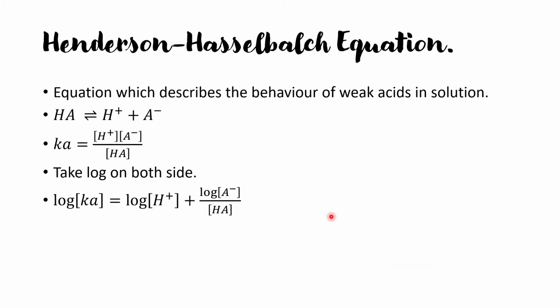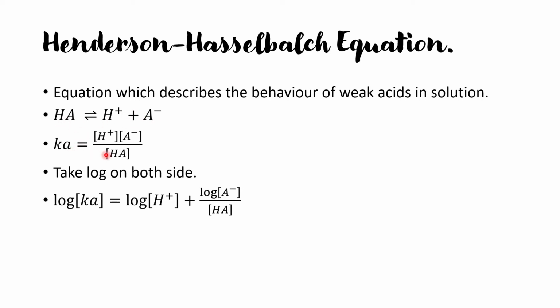There is an equation called the Henderson-Hasselbalch equation which describes the behavior of a weak acid in solution and allows us to calculate the concentration of an acid and a base at various pH. We know that the acid can dissociate into a proton and a conjugate base, so we can write a dissociation constant for it.